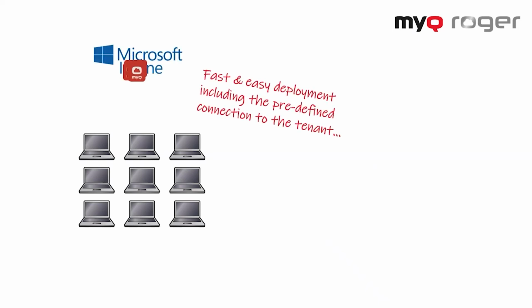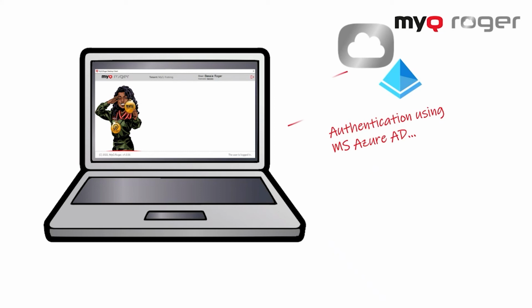Now to deploy it, you can either use domain policies, but as we are in the cloud, the better way would be to use Microsoft Intune to get the application to your devices. The only thing the user has to do is authenticate using their Microsoft Azure AD account, and from that moment they can start using it.